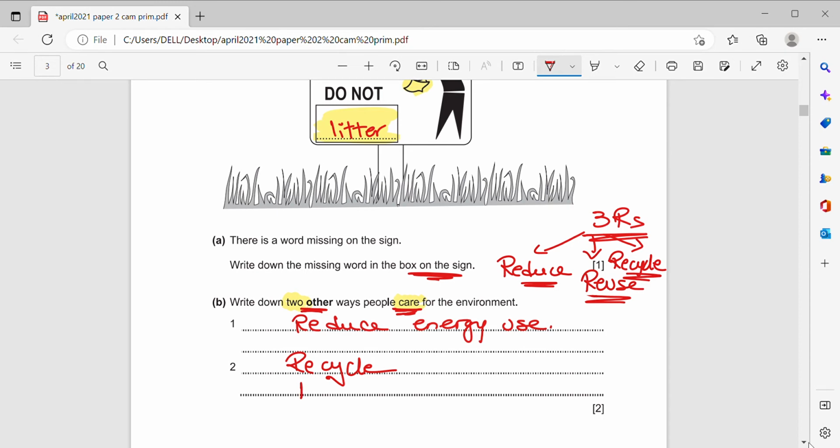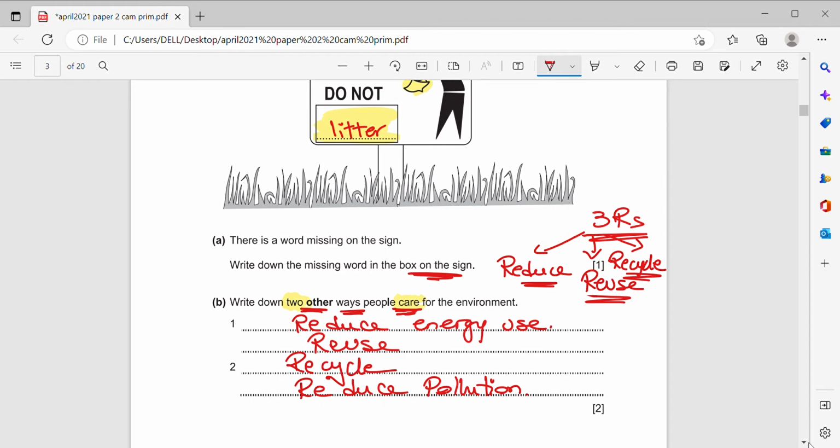We can reduce pollution. Great. Or we can write reuse. So two other ways people care for the environment: reducing the waste, reduce the pollution, reduce the energy use or consumption.